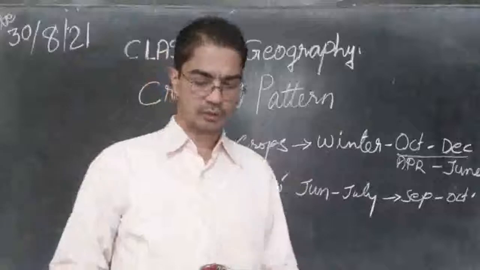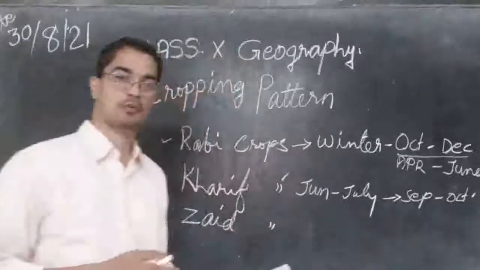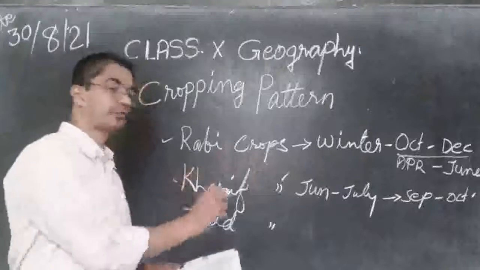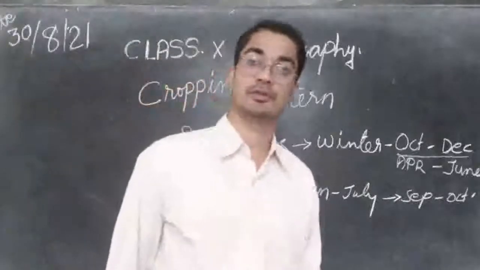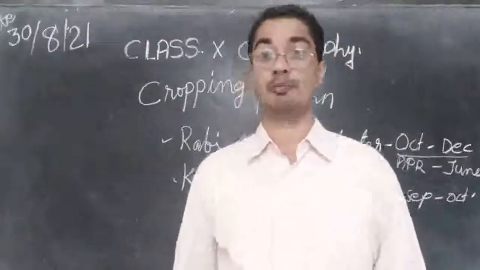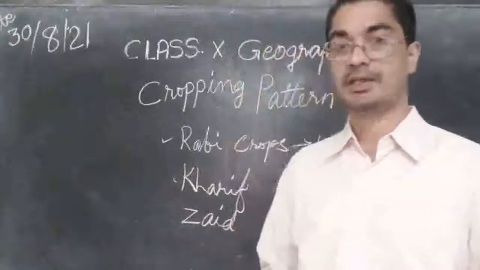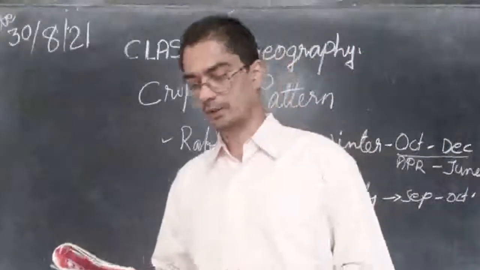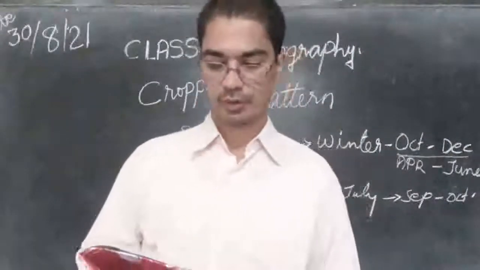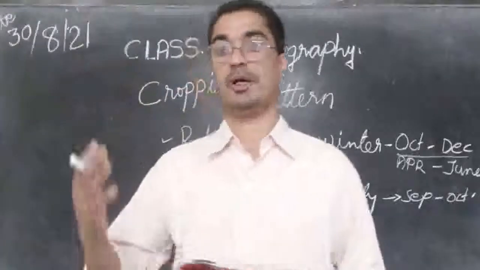Then the important crops grown during this season are, what are the crops grown as kharif crops, the summer crops? First of all, the most important is paddy, then maize, then jowar, bajra and tur or arhar, then moong dal, which you can buy from the shop.